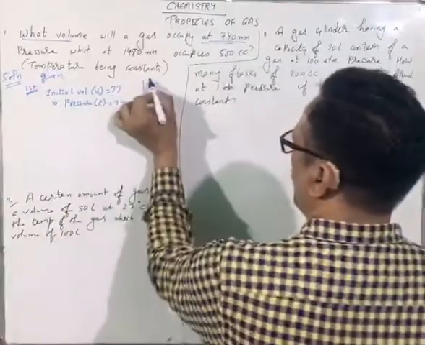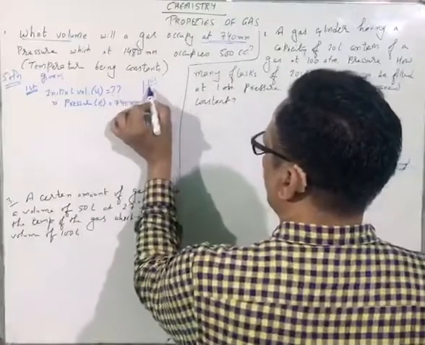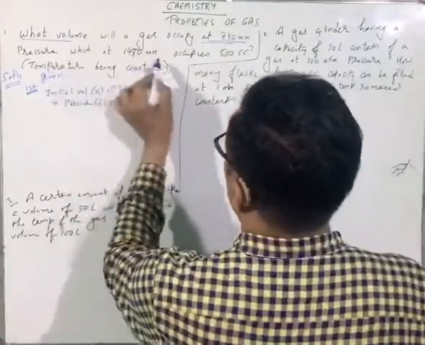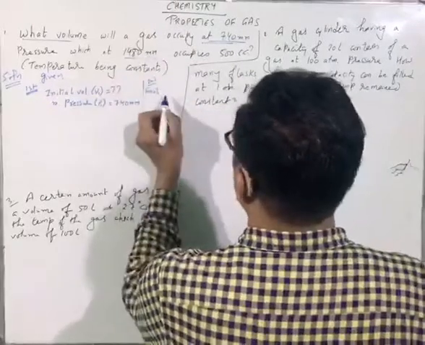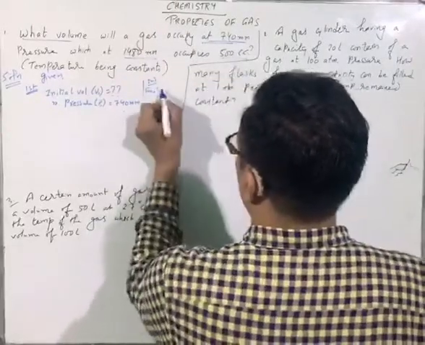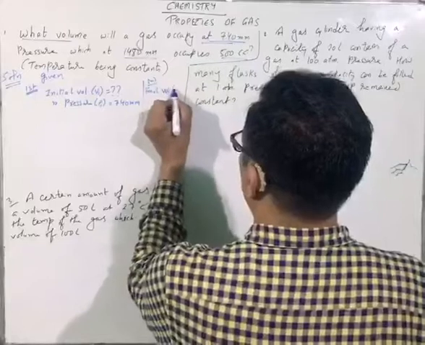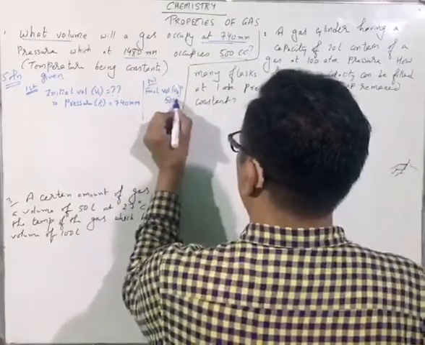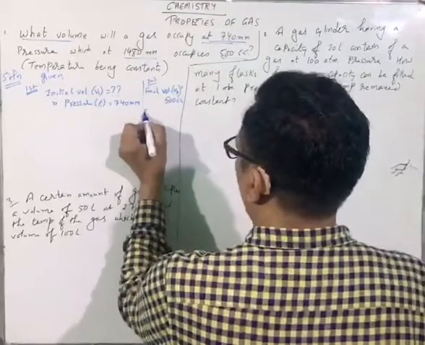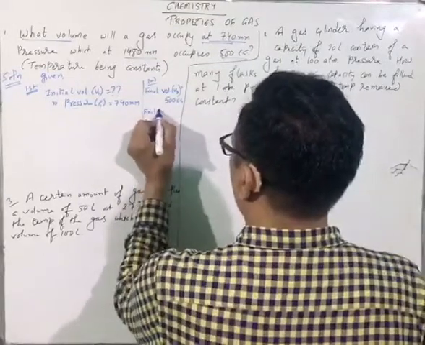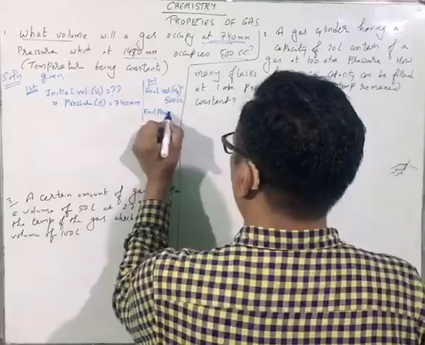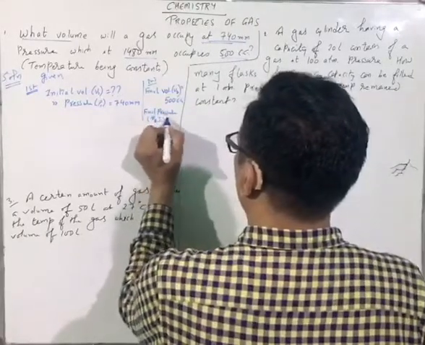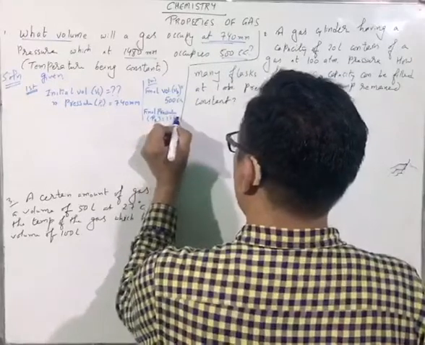And this is the second case. Here the final pressure is given, and this is the final volume. Final volume V2 equals 500 cc, and final pressure P2 equals 1480 millimeter.